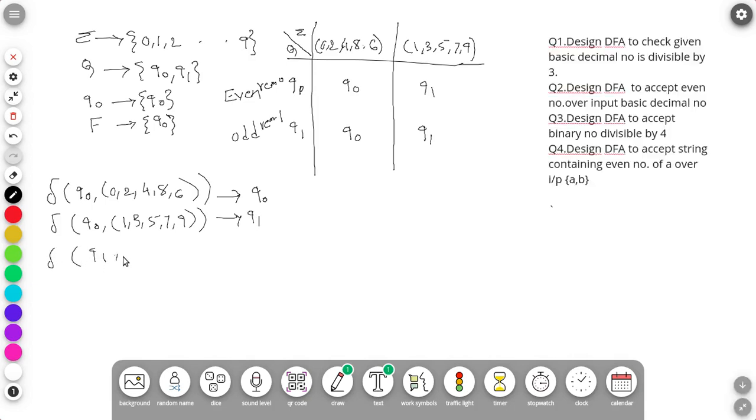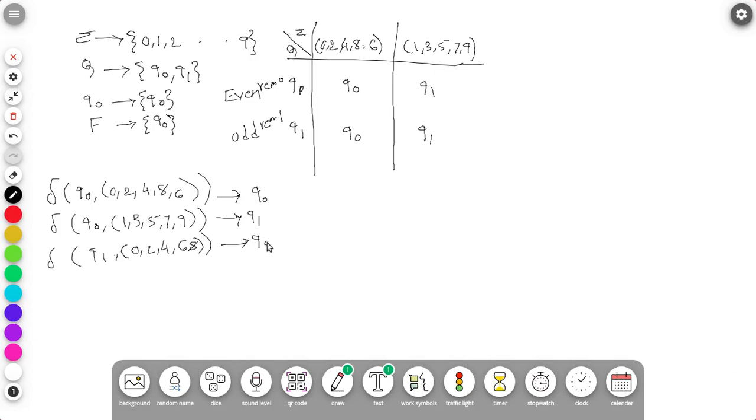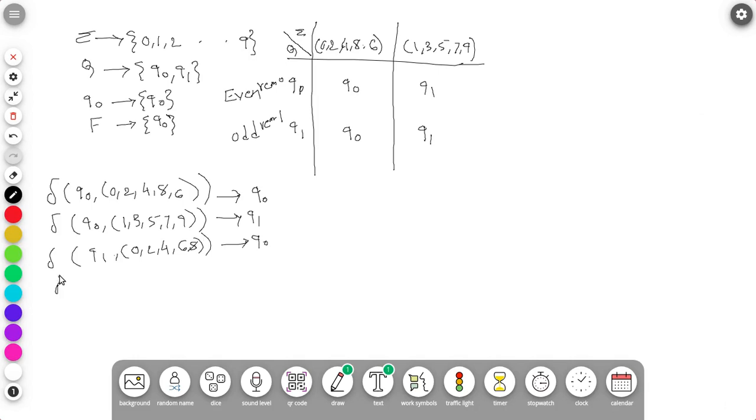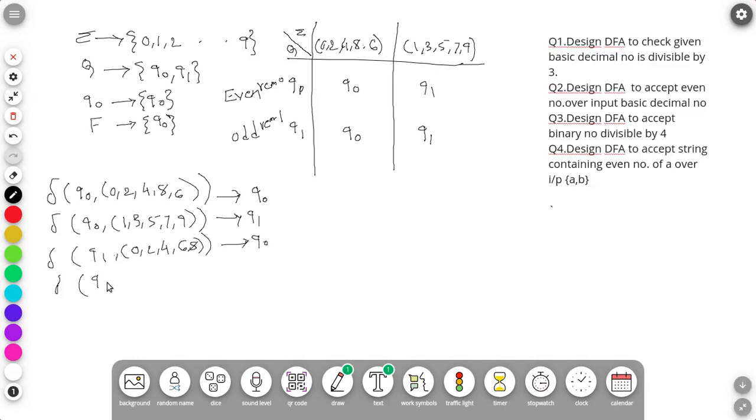Q1 with input 0, 2, 4, 6, 8 gives output state Q0. Similarly, Q1 with input set 1, 3, 5, 7, 9 gives output Q1. So these are all the transition equations.